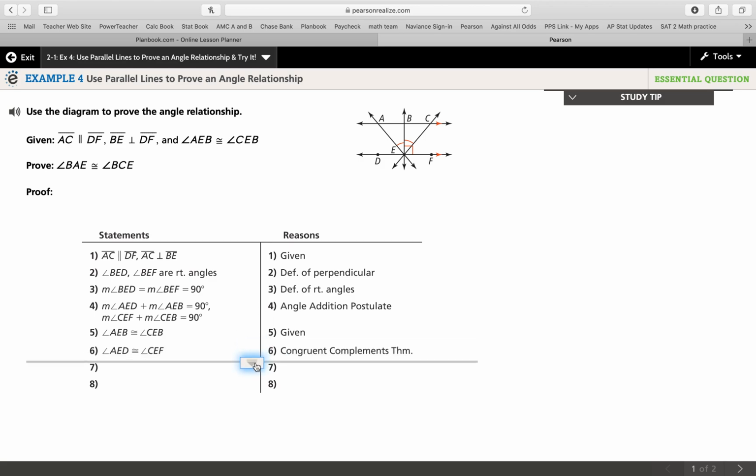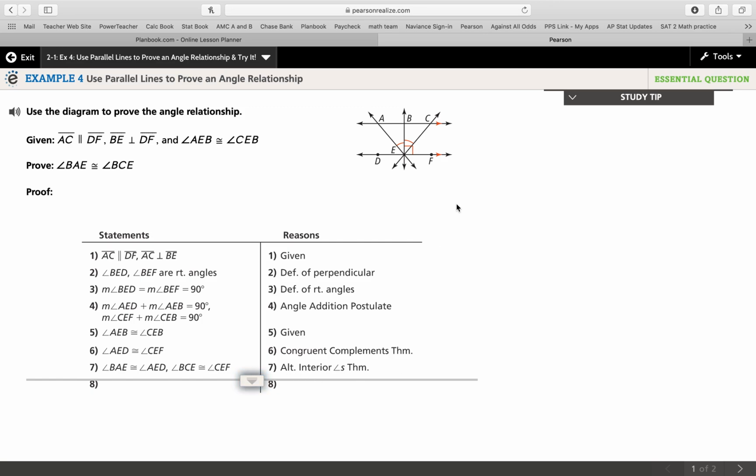So because they're congruent, that means that we already proved that these are complementary angles because they add to 90. So then they use the congruent complements theorem to prove that AED and CEF are congruent. And then because I have parallel lines, I use the alternate interior angles theorem to prove that BAE is congruent to AED.